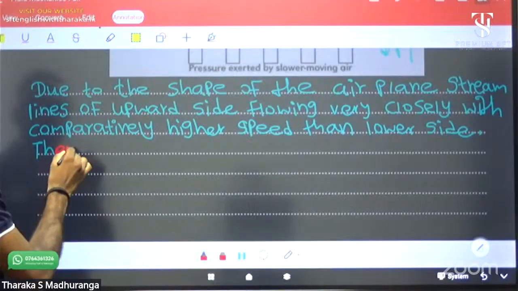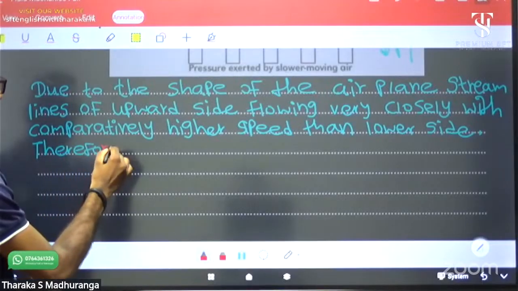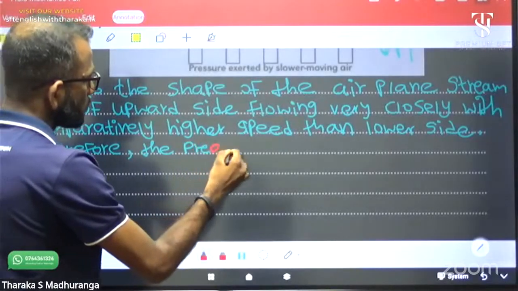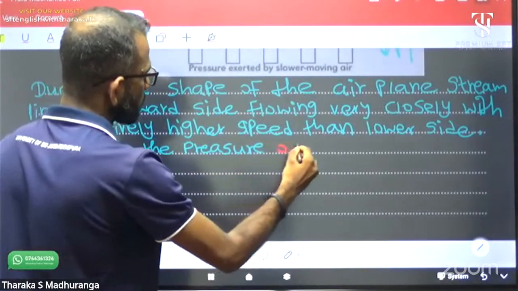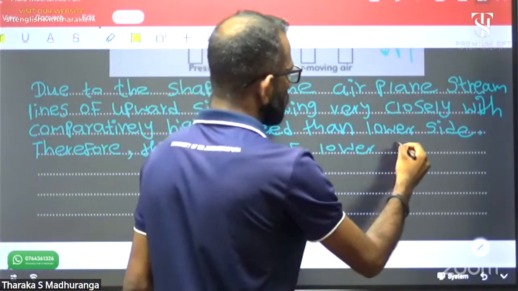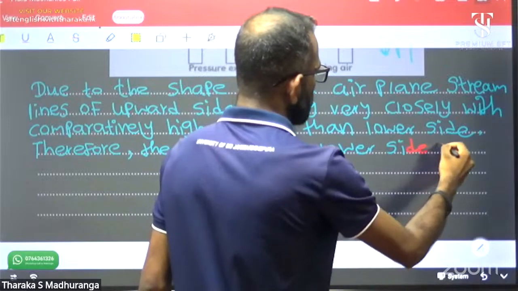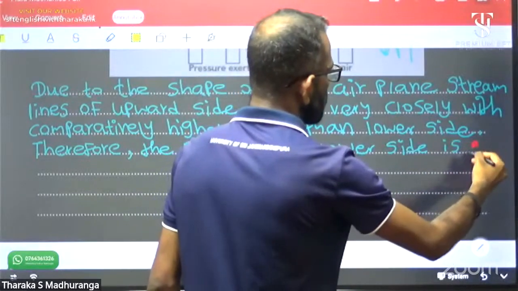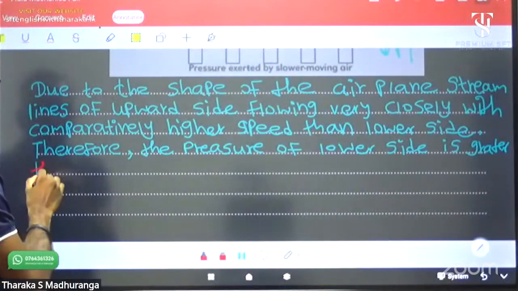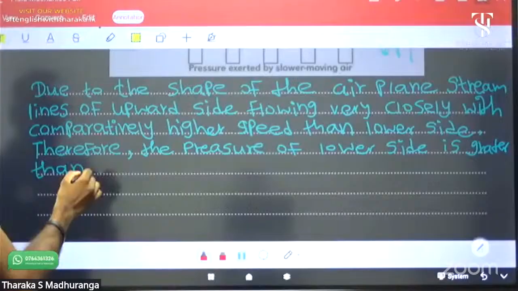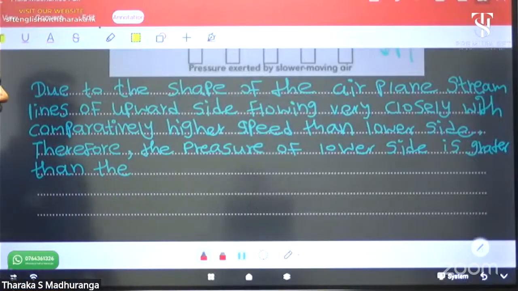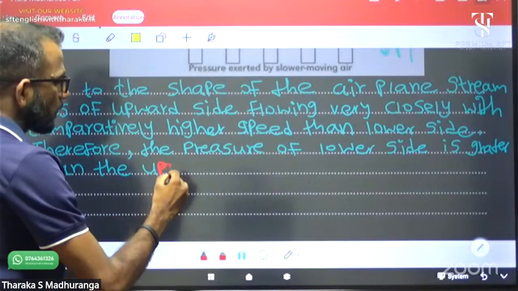Therefore, the pressure on the lower side is greater than the upper side.